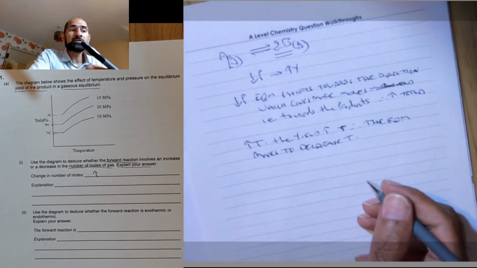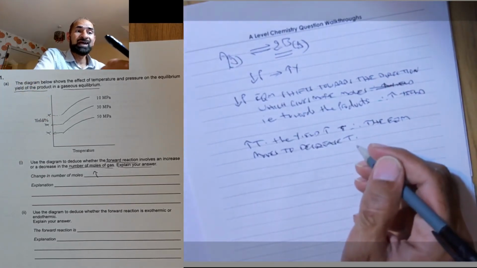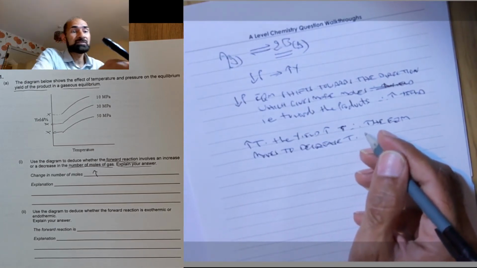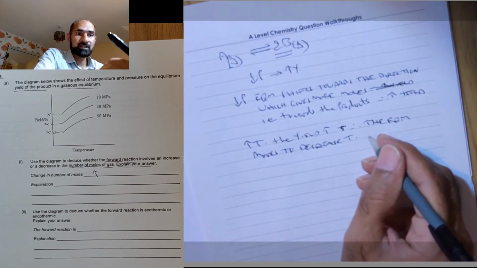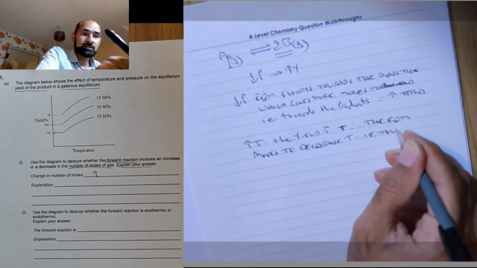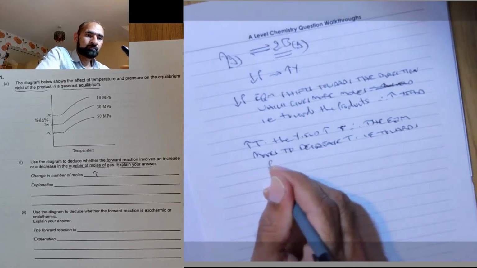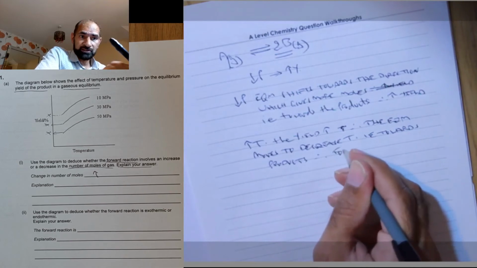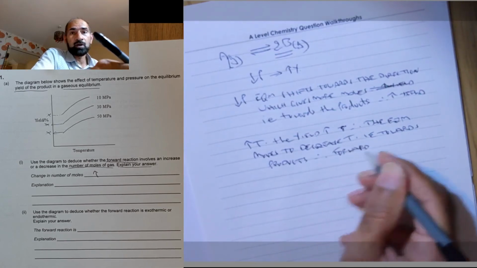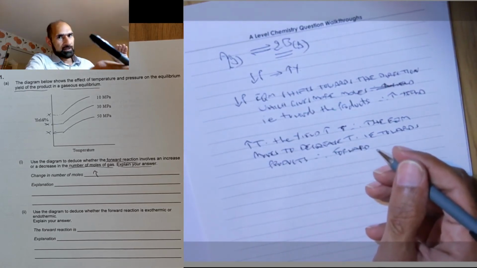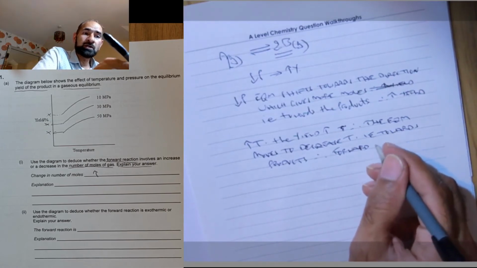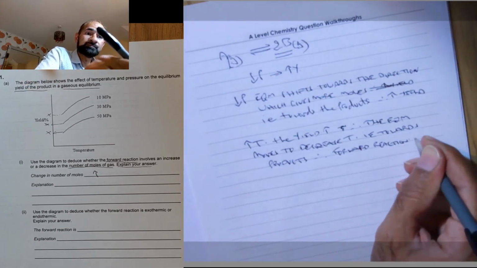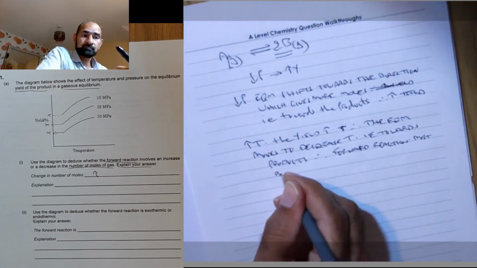Because we're getting a higher yield, that means the decrease in temperature must be towards the product side. Therefore, the forward reaction, unless they tell you otherwise, is always going from reactants to products, from left to right. Therefore, the forward reaction must be endothermic.